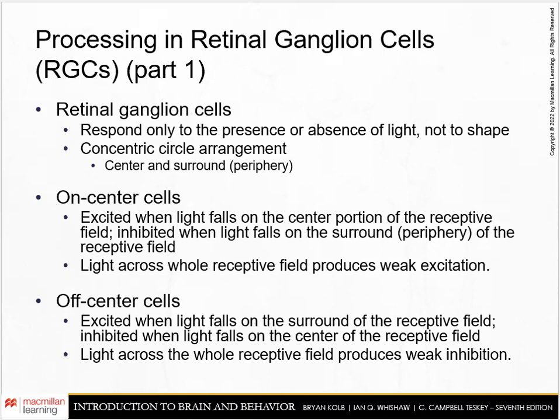They are inhibited when light falls on the periphery of the receptive field. Light across the whole receptive field produces weak excitation. For the off-center cells, they are excited when light falls on the surround area of the receptive field, and they are inhibited when light falls on the center of the receptive field. Light across the whole receptive field produces weak inhibition.